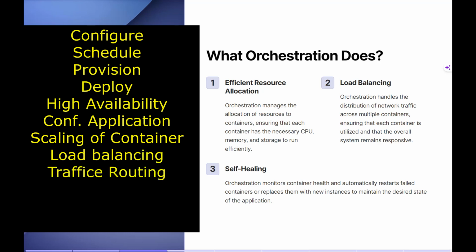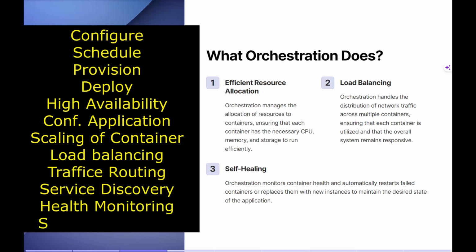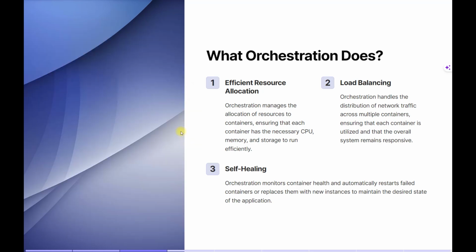It can also do load balancing, traffic routing, and service discovery of the containers. There are many things. It can even help you with health monitoring of the containers and securing the interaction between the containers. We will go through these one by one in our upcoming sessions. But for the time being, whatever you can think of that can help you run your business 24 by 7, most of those things are provided by orchestration, and Kubernetes is providing all these features.